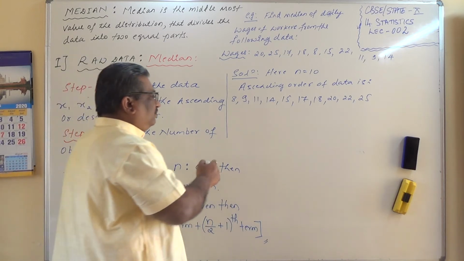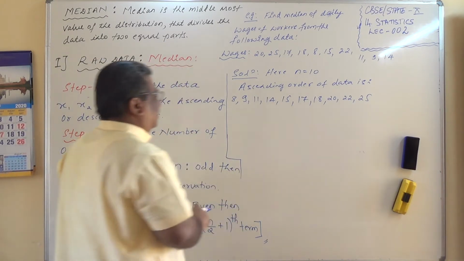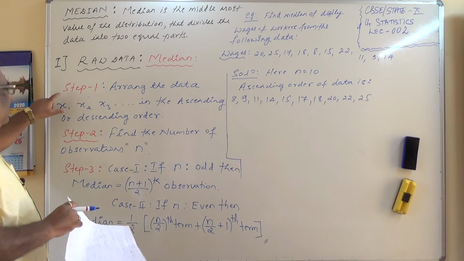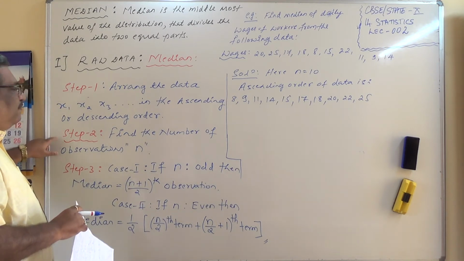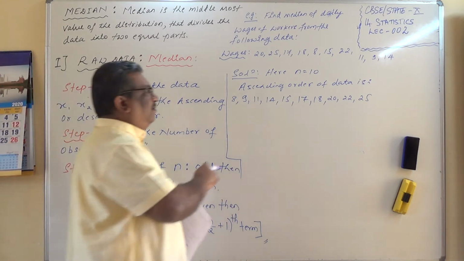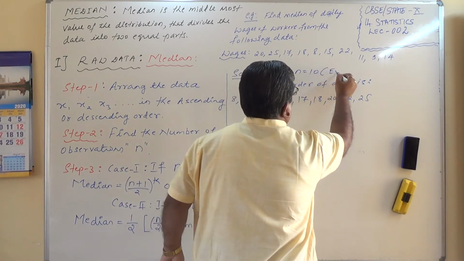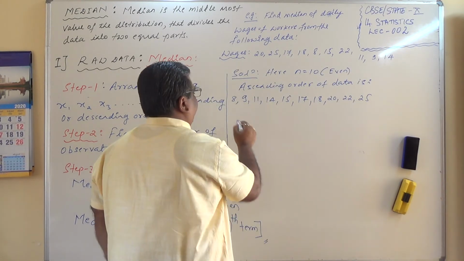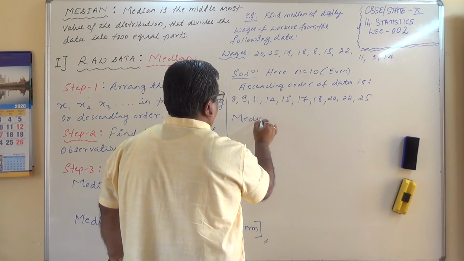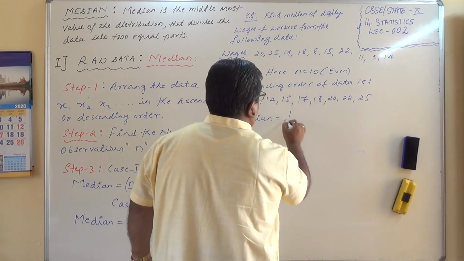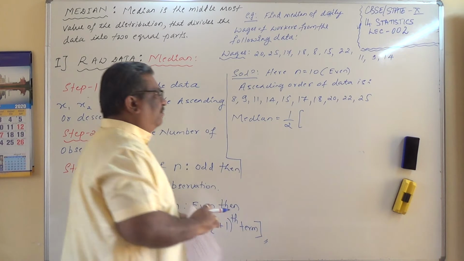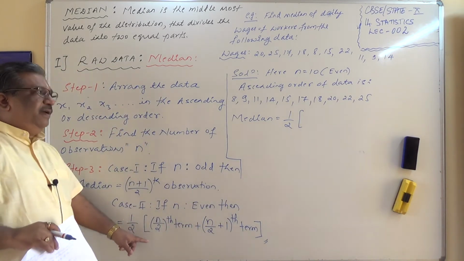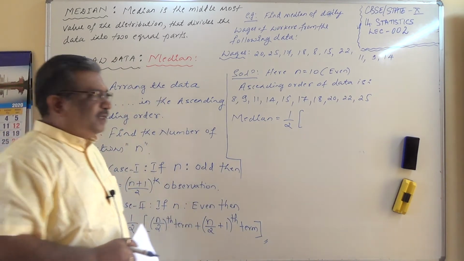Next step, what is the second? Already we have found out. Step 1, arrange the data. Step 2, find out n, which is even here. And step 3, median is equal to half of, if it is even, then the median should be the average of the n by 2th term and the n by 2 plus 1th term.